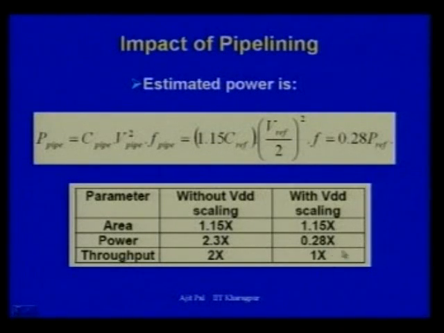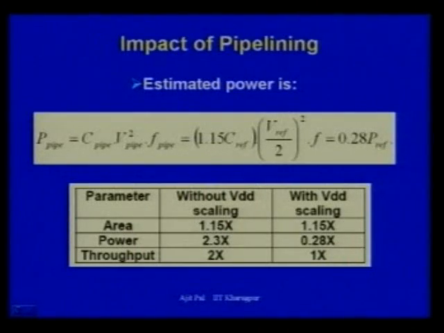Keeping the throughput the same, as I told you, is the challenge. We don't want to compromise on performance, but power dissipation has to be reduced. That is what we have done here. You can see power dissipation is now 0.28x compared to 1x of the reference circuit.